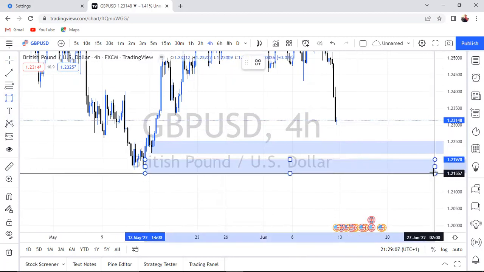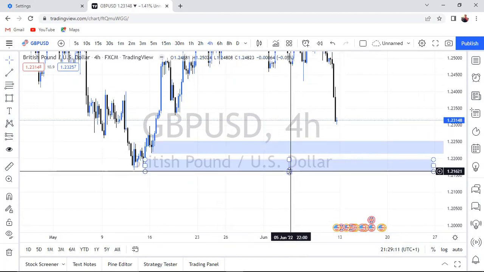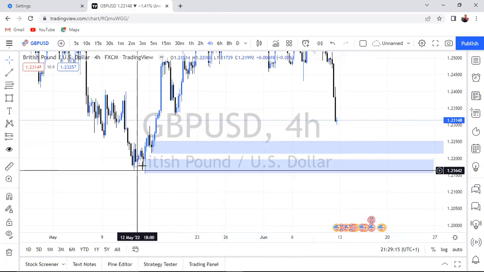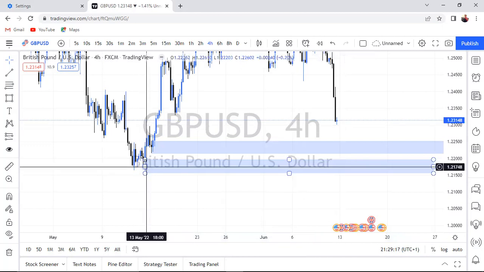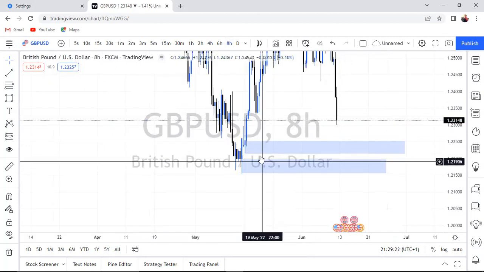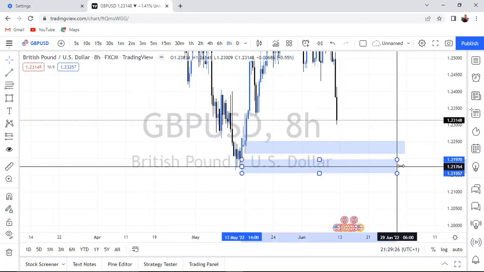Because if you look at that week, definitely that's where buyers came in here. So let's just leave it the way we marked it on the bigger picture. Well, I can split it like this. Let me leave it this way.